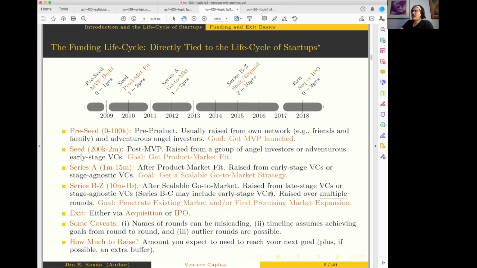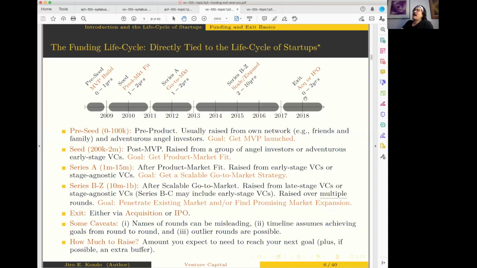So Series B through Z tends to be more late stage focused VCs or stage agnostic VCs. I will also talk in a slide or two about some modern new entrants into the late stage funding market, at a practical level, relatively shortly.